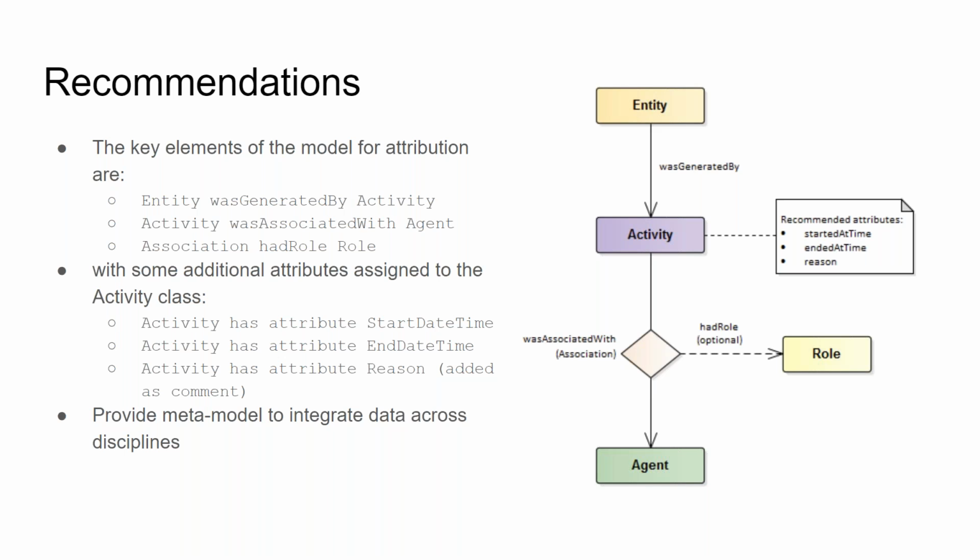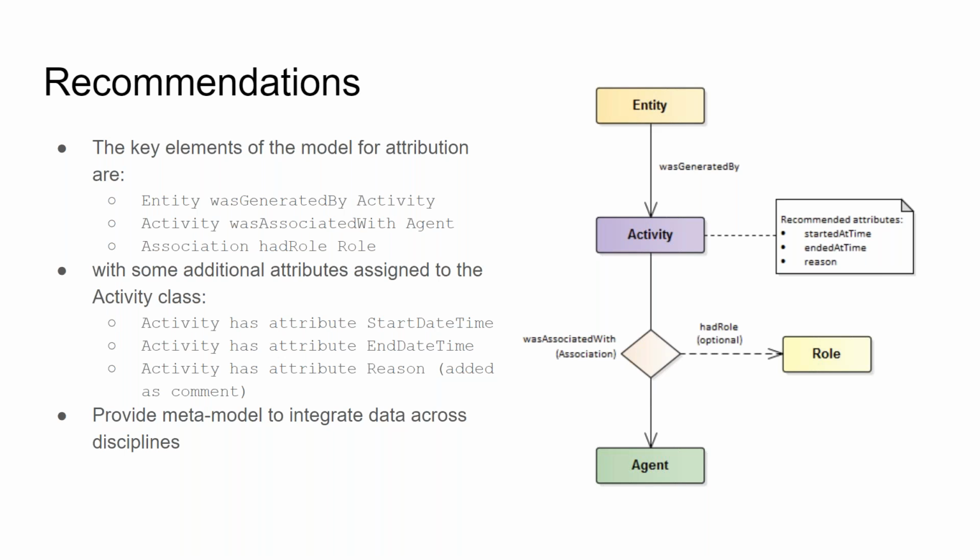Those three parts are the only required parts of this recommendation. There are two optional parts, which is to ascribe a role to the agent, and also you can add a start and an end time and a reason to the activity, but that is not required.